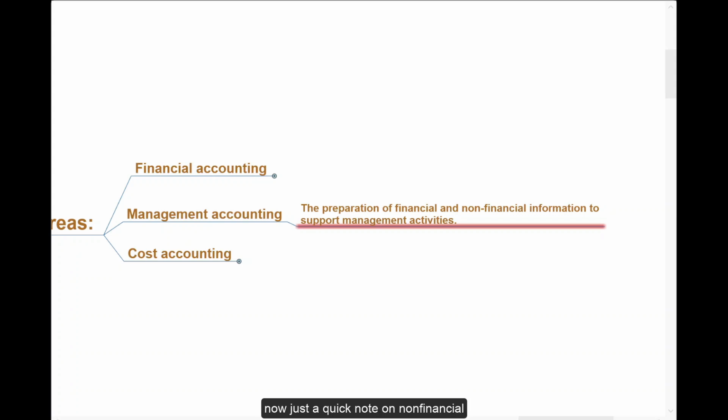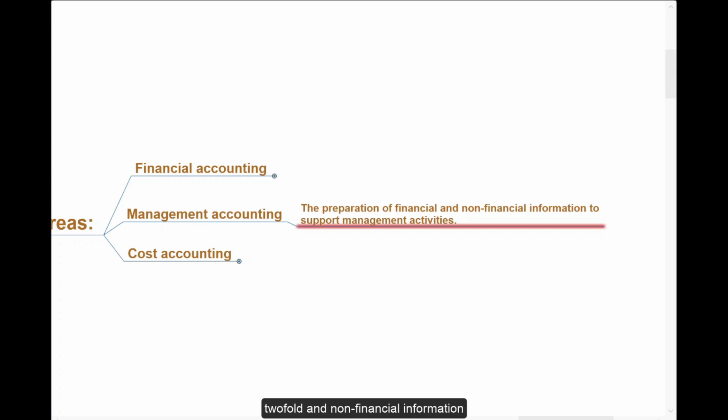In other words, management can decide the activities that they will undertake to produce and indeed prepare financial and non-financial information. Now, just a quick note on non-financial. That's an important area, and that area has become much, much more important over the last 10 to 20 years. And this will influence various subjects in your ACCA qualification. In essence, reporting, and indeed information that's produced for reporting, can be twofold.